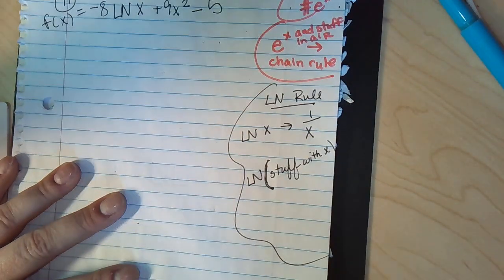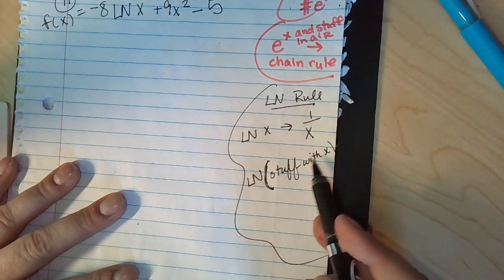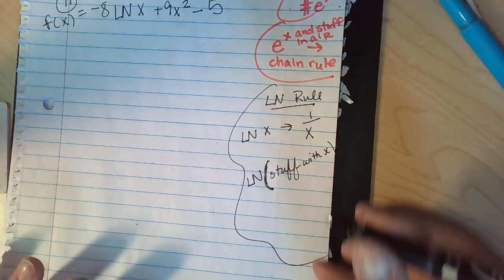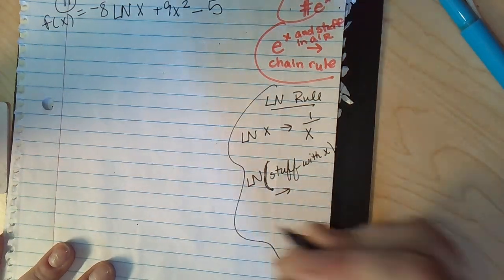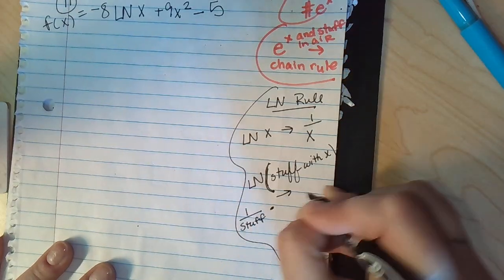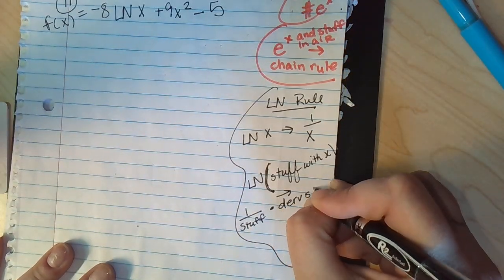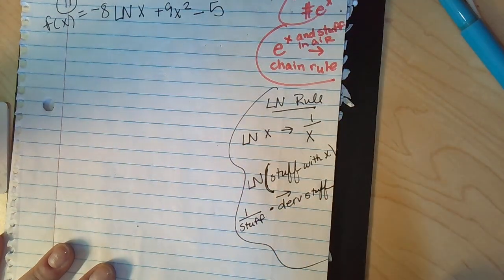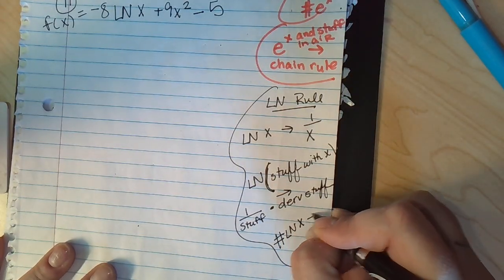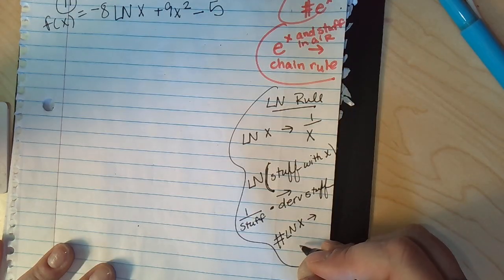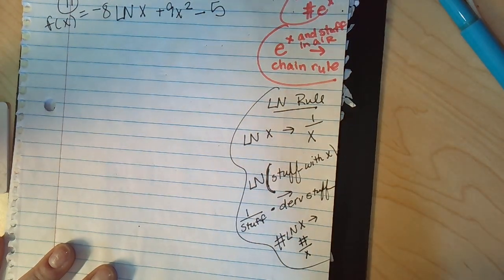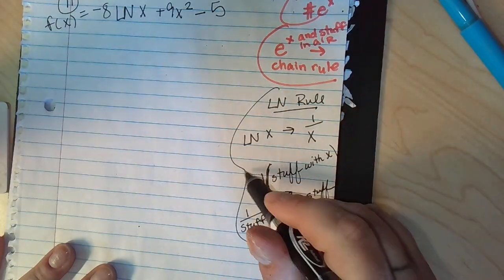But if I have ln and then a bunch of stuff with my x, like x squared minus 18 or something, all up in this ln, then you do 1 over the stuff times the derivative of the stuff. If you have number times ln x, the derivative of it is just the number over x. So there are 3 rules for ln.